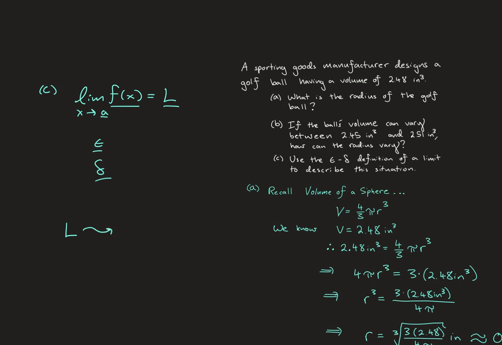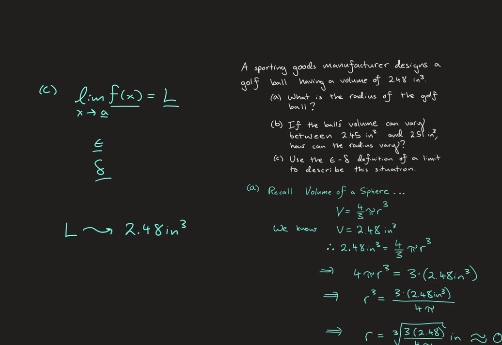The analogous idea to the limit, the limit right here, is what the function should be. The function is, of course, the volume. That's what we'll get next. But the limit is what the function should be. That's going to be our 2.48 cubic inches. That's the ideal volume of this golf ball.